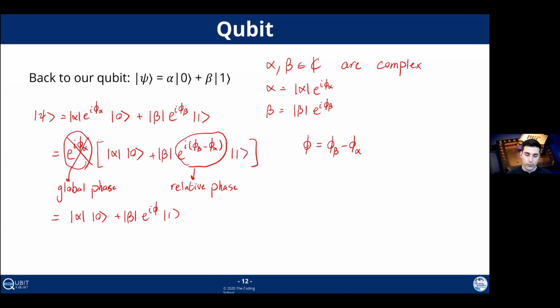Now for the next step, I would like to go back to another property of alpha and beta that we talked about, and that is that alpha squared plus beta squared is equal to 1.